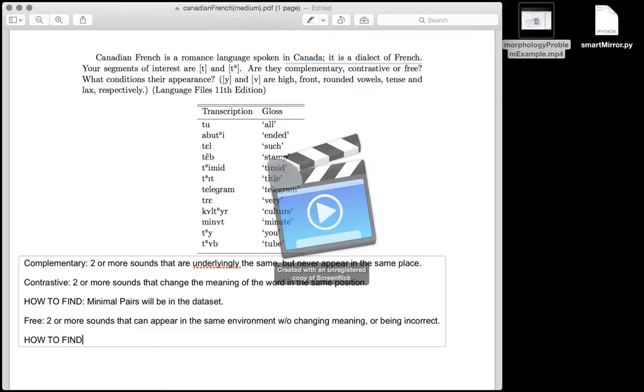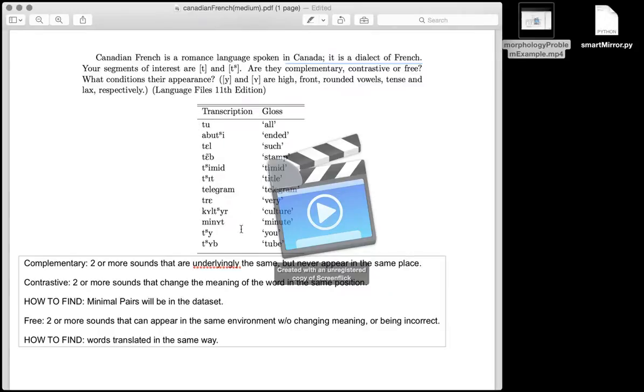So how to find. Your indication that you'll have free variation will be words translated in the same way. And then you can look into the transcription to see what is different about them. And those two sounds, the differences will be the sounds that are in free variation.